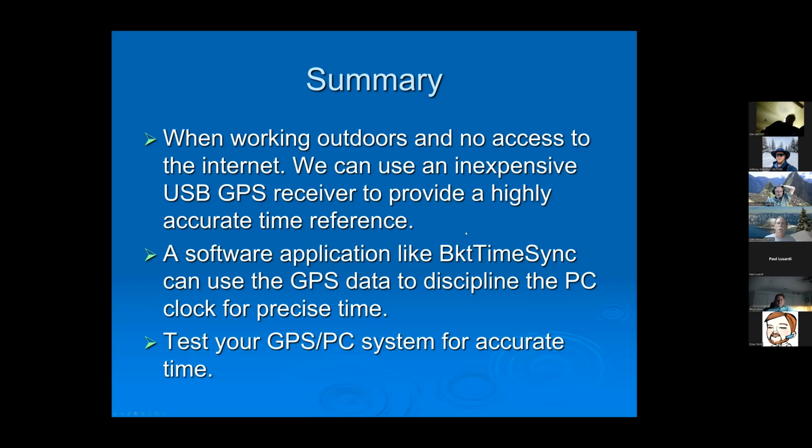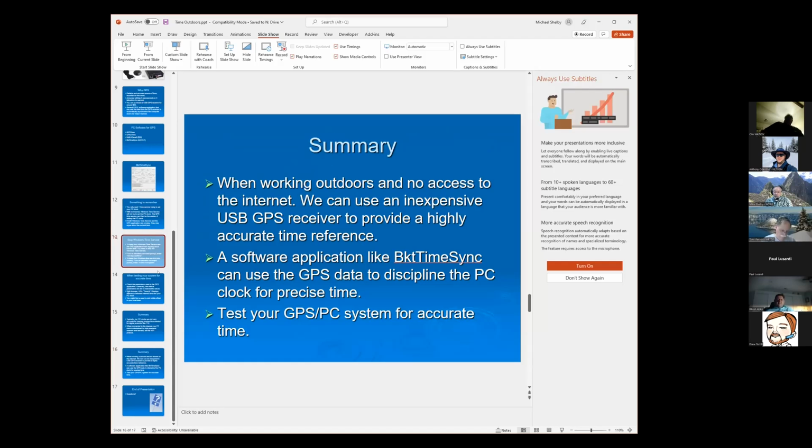There's a whole other slide I kind of turned off here, where I talked about how to disable time in your PC. If you give me a moment, I'll turn that slide back on, and at least you know where to look if you want to do it. But you cannot really disconnect from the internet. You have to turn off the time services in your PC, and then you can determine if that's working correctly.